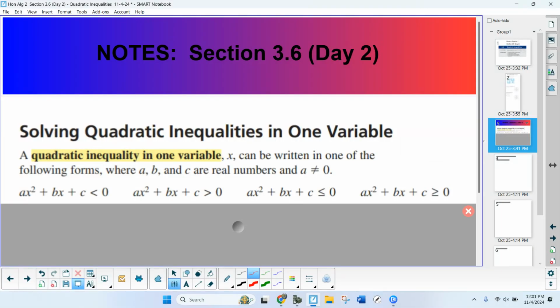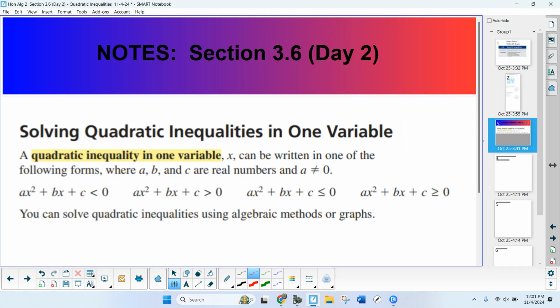It might be less than 0, greater than 0, less than or equal to 0, or greater than or equal to 0. Guys, remember, when you solve an inequality, the answer is an inequality. So you must give your answer back to me as an inequality, okay?